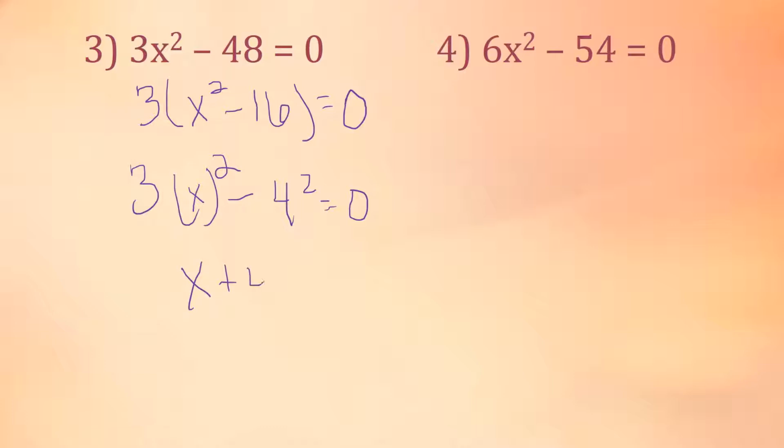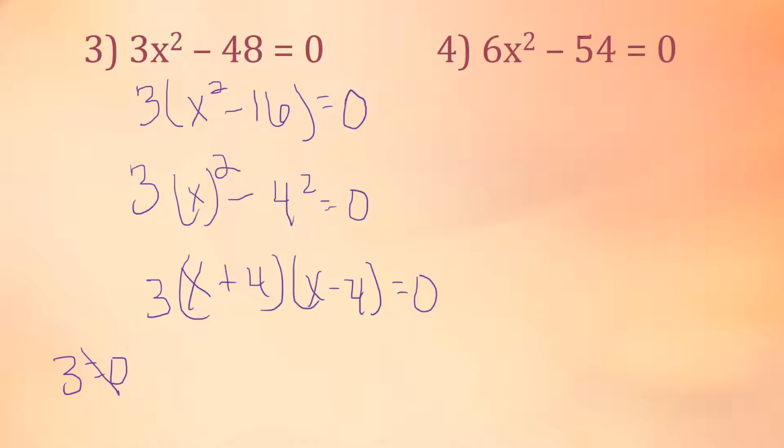So we end up with x plus 4, x minus 4. And if we solve that, we set everything equal to 0. We know that's going to cancel. And when we solve, I'm going to skip the step where I show it. We get negative 4 and 4.